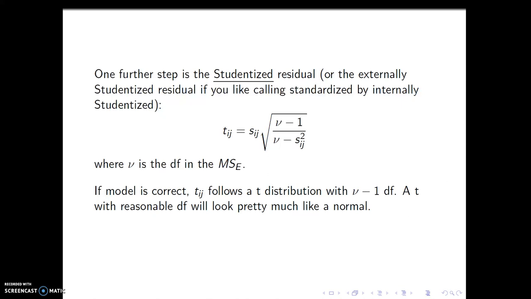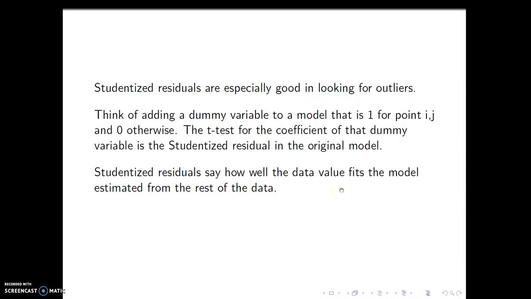If this model is correct, this should be a t-distribution with nu minus 1 degrees of freedom. If you recall, once nu, the degrees of freedom for the error, gets kind of large, like 20 or more, this should look really like a normal, more or less. These are really good for looking for outliers, I guess.